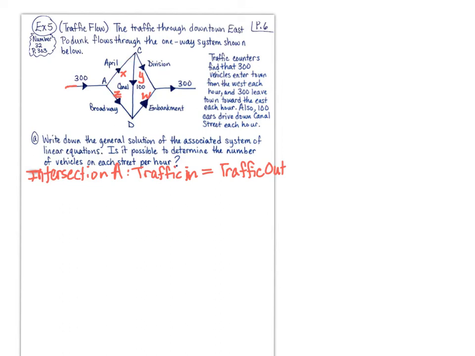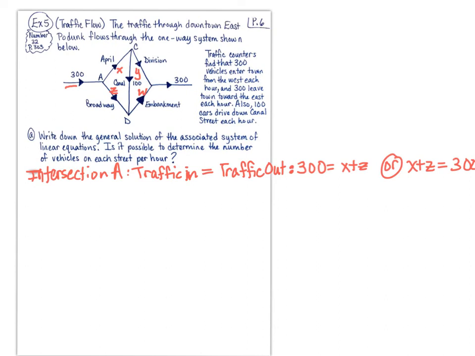They can choose to go on April Street or Broadway, but going in has to be equal to going out. So 300 is equal to X plus Z. Or we can write X plus Z equals 300 because we're used to having our variables on the left. You choose whichever one makes you happy.